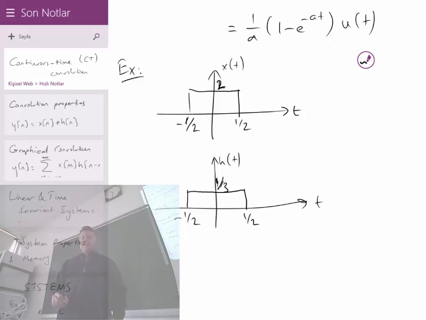What is the response of the system if the input is x of t and the impulse response is h of t? Or in other words, what's the convolution result? This convolution result must be given piecewise linear, in pieces.